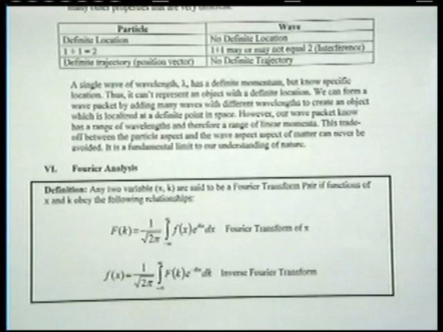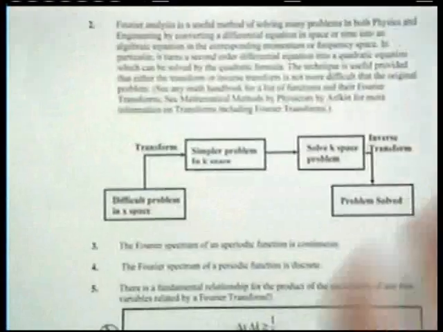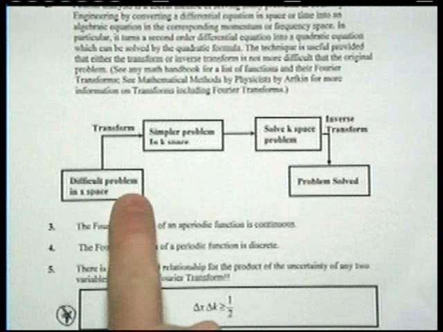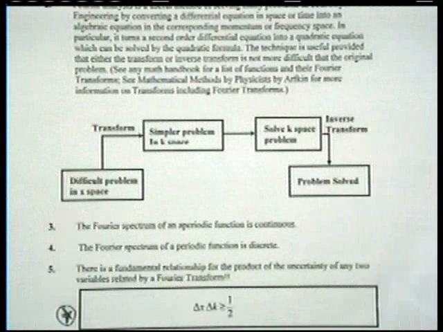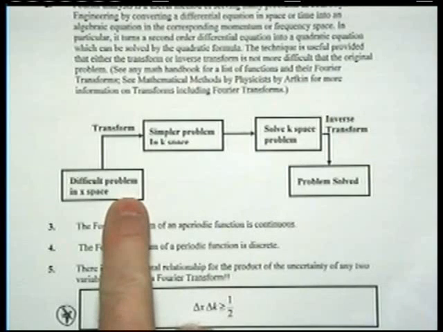So the idea is kind of shown on the other page. You've got a hard problem in x. You could just work the problem, solve the differential equation, do whatever trick you learned in DE class. But it's hard.